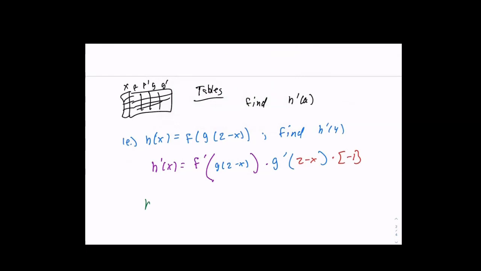And then finally, when you're trying to find h prime of 4, h prime of 4 would be f prime of g of -2 times g prime of -2 times -1. And then when you look at the table, you're going to have to look up in your table g of -2 and g prime of -2 and so forth, and then plug those back in.